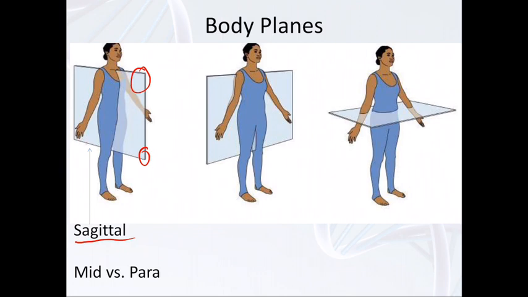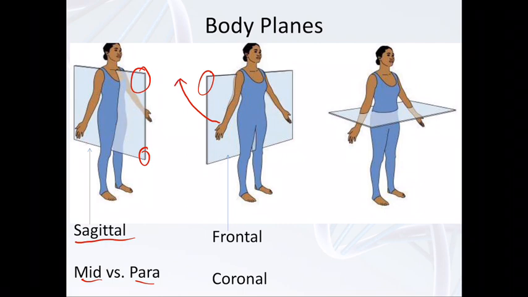The second one here is the frontal plane, and this is showing it as this sheet of glass through the body. The movements that occur within the frontal plane would include this person lifting her arms up like this. We call that shoulder abduction, also moving those arms down.